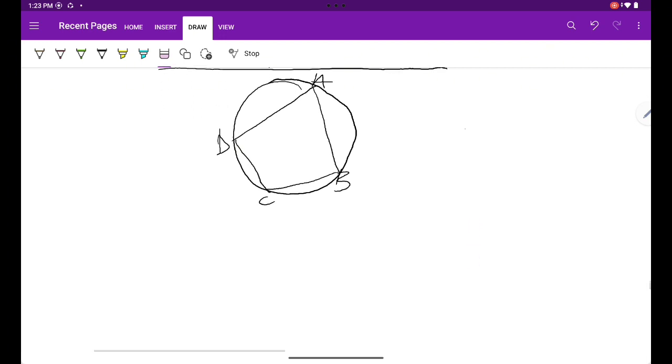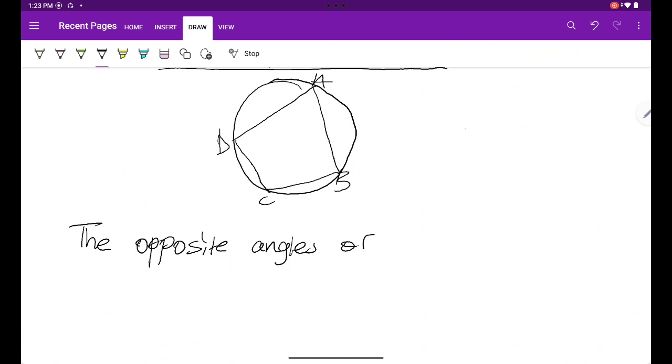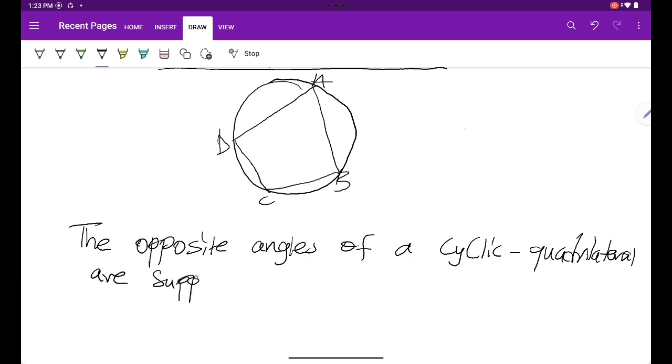So the first one that I want us to look at is that the opposite angles of a cyclic quadrilateral are supplementary.